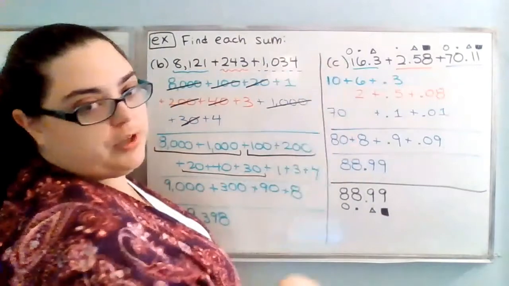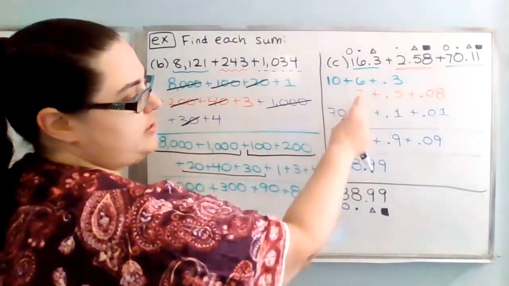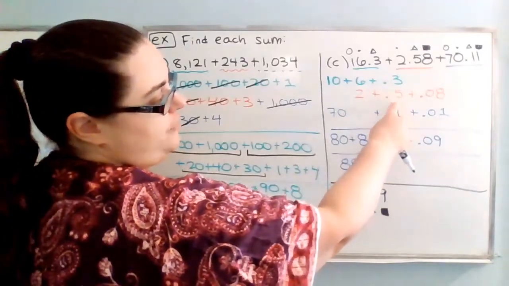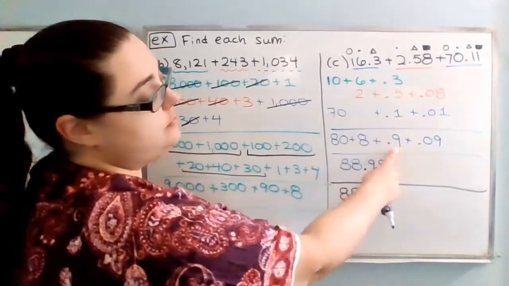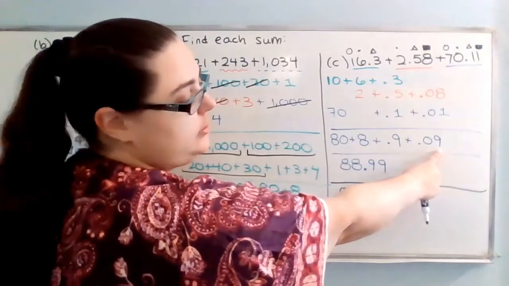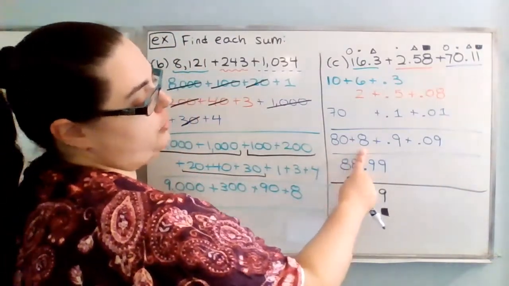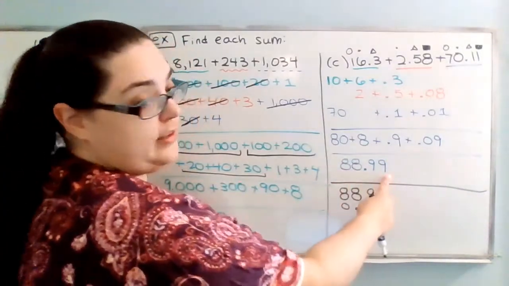So 7 plus 1 is going to give me 8. So I get 80. 6, 7, 8. So there's my 8. Then I did 5, 6, 7, 8, 9. So there's my 9. And then I have 8 and 1 makes 9. So in the end, we end up with 88.99.